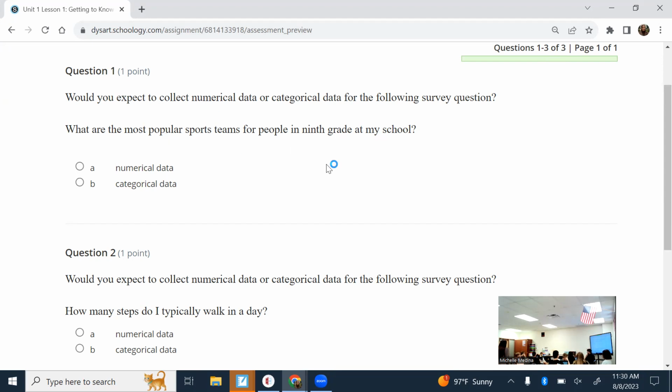One more time. Categorical. Anyone disagree with that? All right, pretty straightforward. Think about how you would answer that question. I don't know what your favorite sports team is. Chicago Bulls. Is that a number? No. So then it must be a category. All right. So then moving on.